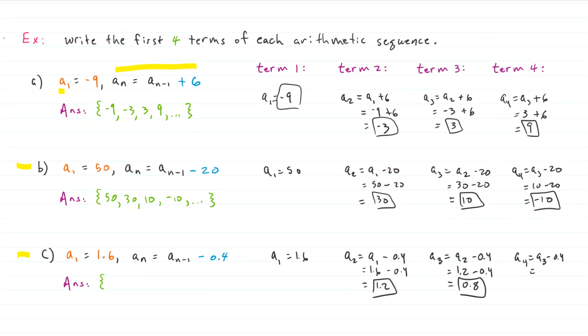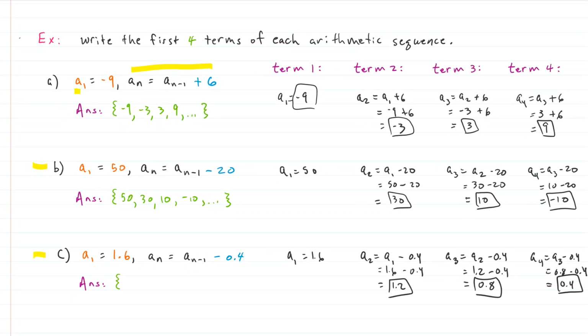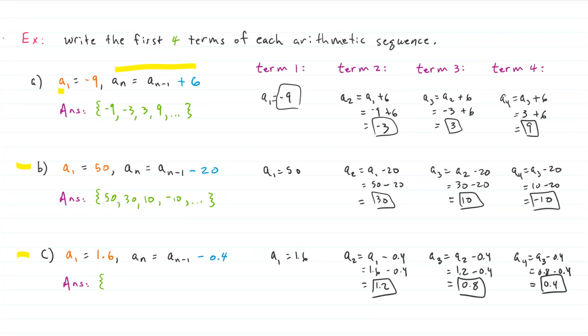A sub 3 is 0.8 minus 0.4, which gives us 0.4. So our first 4 terms there are 1.6, whoops, I forgot one, 1.2, 0.8, and 0.4. And they keep going, but we're just finding the first 4.